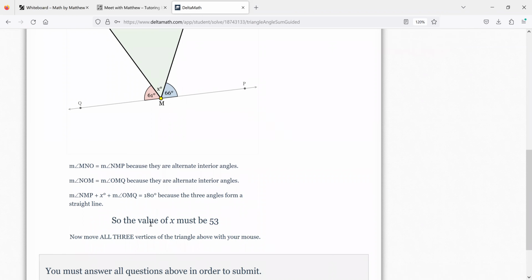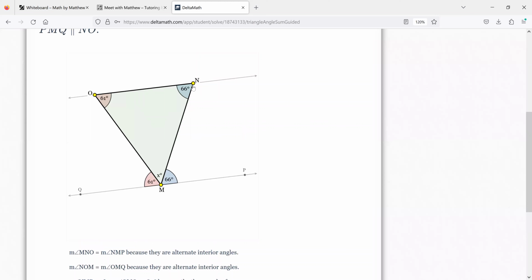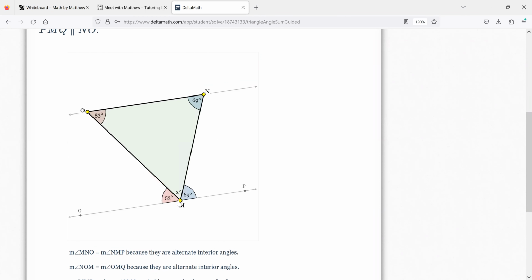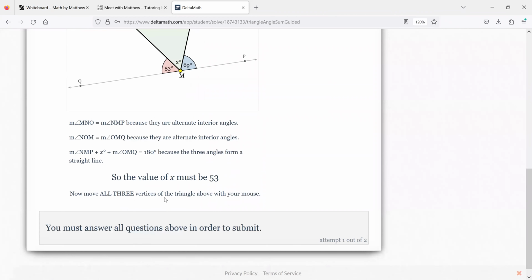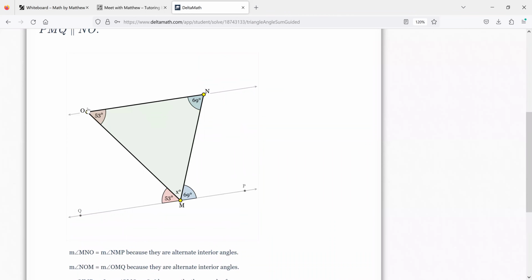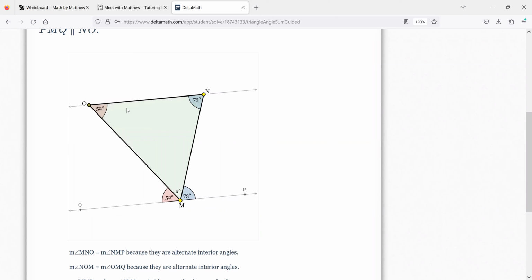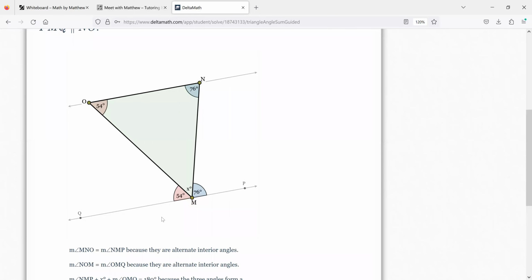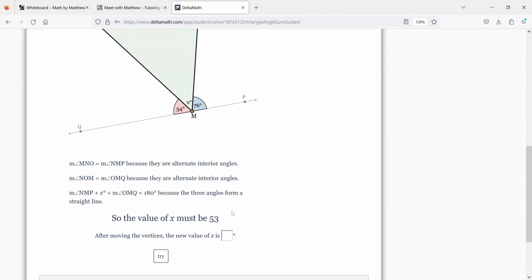Now move all three vertices. I'm not going to move them that much. Is that enough? Okay, I guess they want you to move them a certain amount. All right, now they want you to find the new value of X. Same thing, take 180, subtract 76, subtract 54.